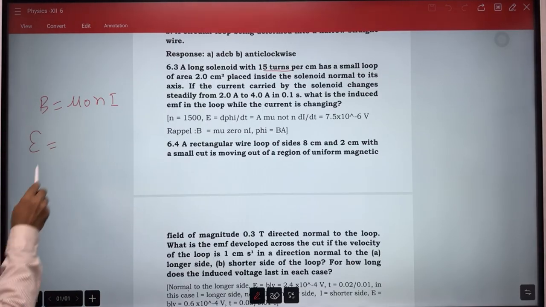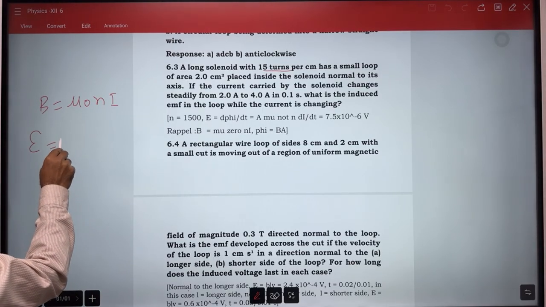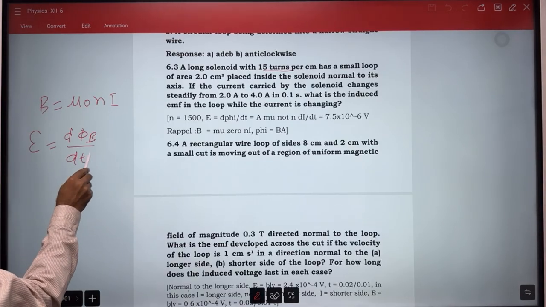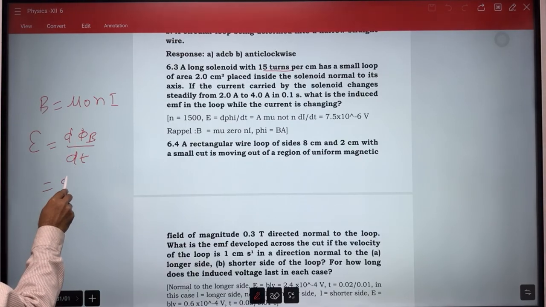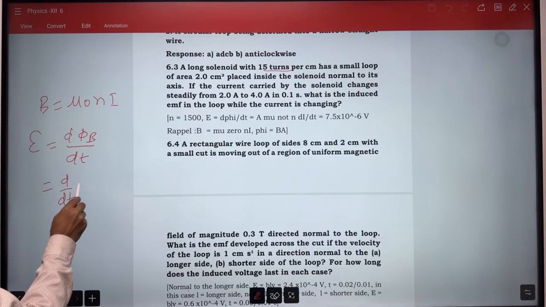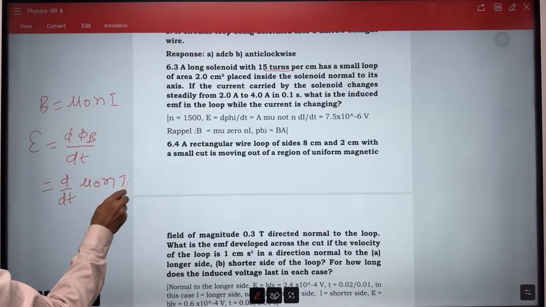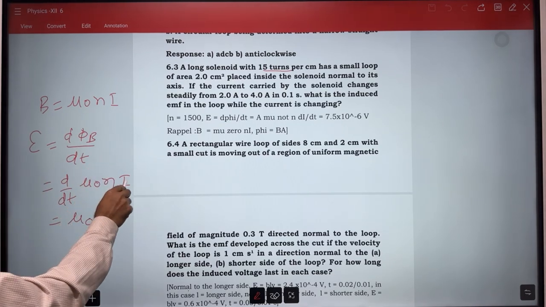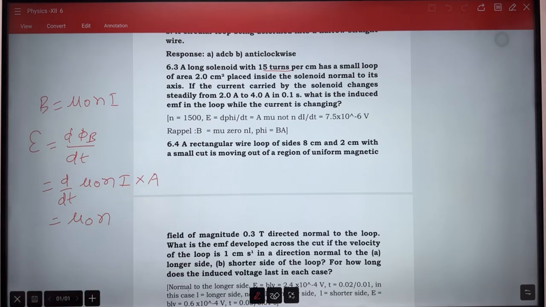So E equal to d phi by dt, and that is d upon dt of mu naught n I. So mu naught n, here one thing is missing, A, the area.